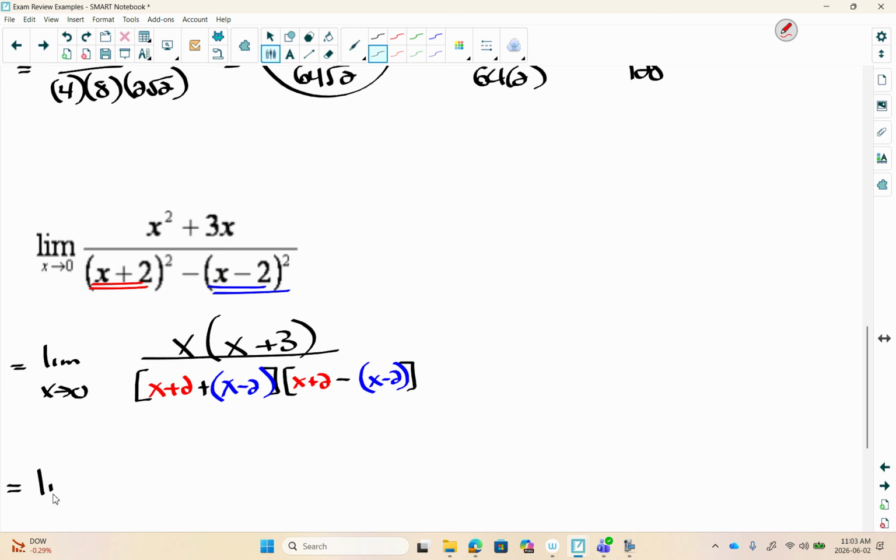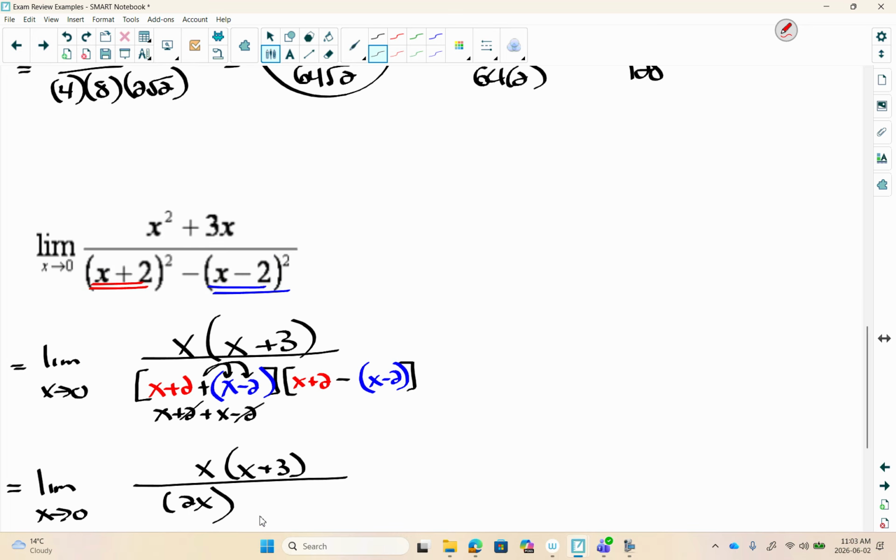It's going to equal the limit as x approaches 0. I'll still have an x times x plus 3 on top. But you agree that this would be x plus 2 plus x minus 2 if I distribute that positive 1. And x plus x, that gives me a 2x, and 2 minus 2, that's 0.